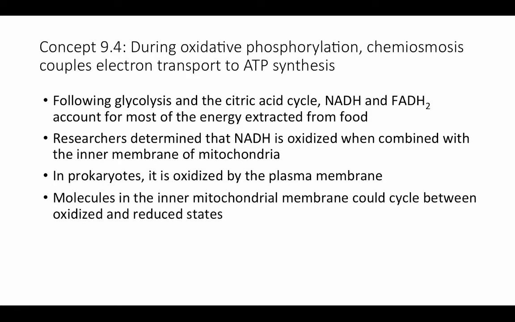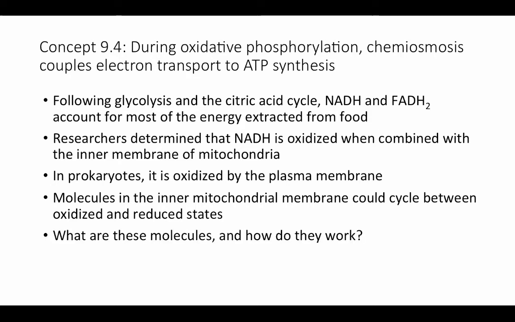So molecules in the inner mitochondrial membrane can cycle between oxidized and reduced states. They're basically going to accept that electron and then pass it on to something else. So reduced when it accepts the electron, oxidized again when it passes it on to the next molecule in the chain. So what are these molecules and how do they work?